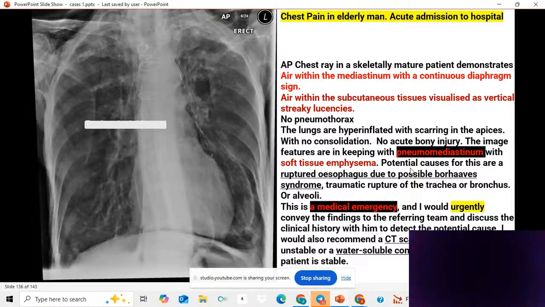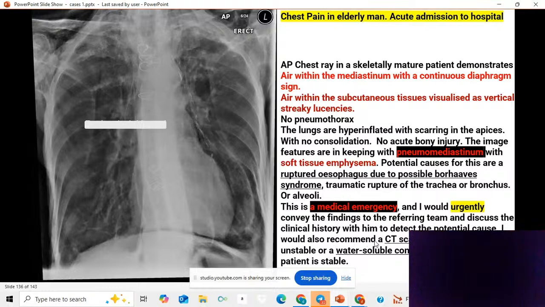You will find from discussing the clinical history that there is an esophageal pathology, denoted by the esophageal stent placement.